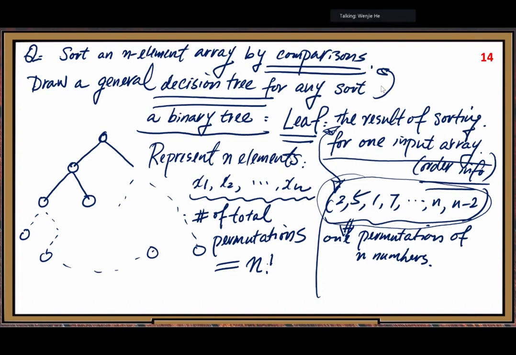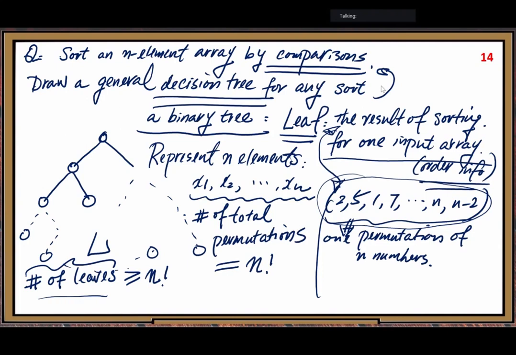Now, that means the number of leaves of the decision tree is greater or equal to n factorial. We can use capital L to represent the number of leaves, so capital L is greater or equal to n factorial.